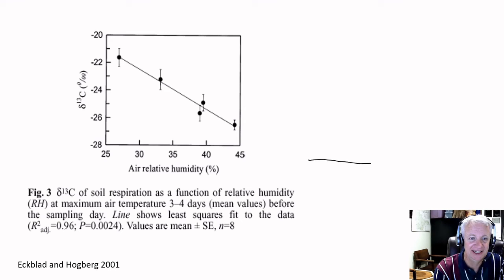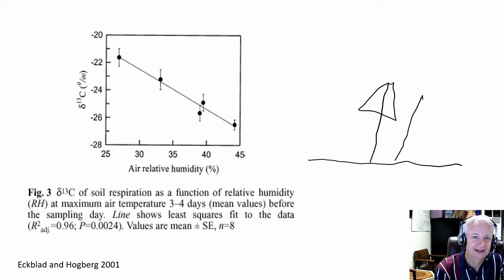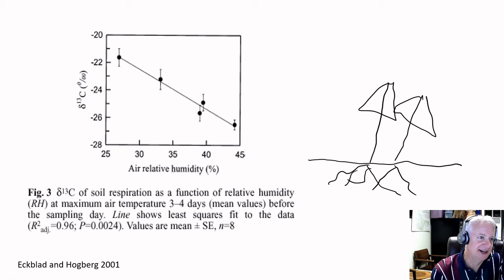Okay, so what they're doing here is you have soil with trees growing in it. And this is a little crooked because I'm drawing on this pad. And, you know, these trees are rooted in the soil. And this delta number here is measurements of CO2 being emitted from the soil.